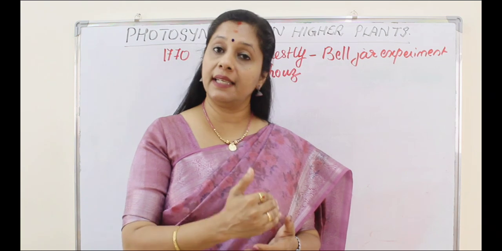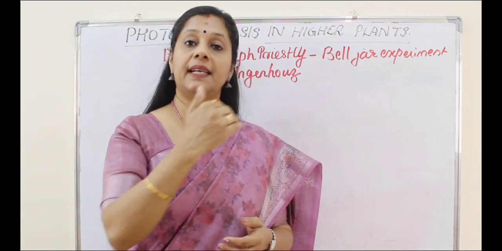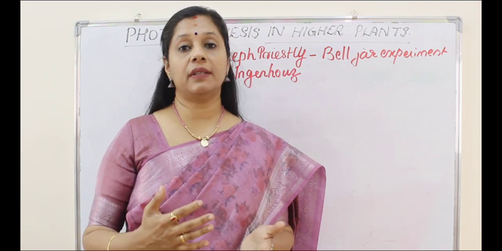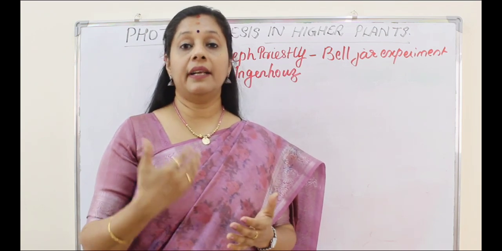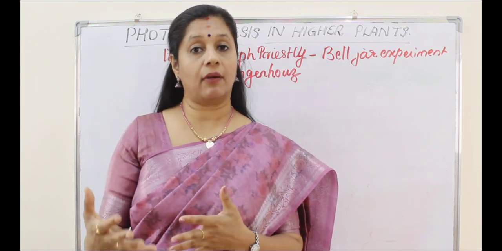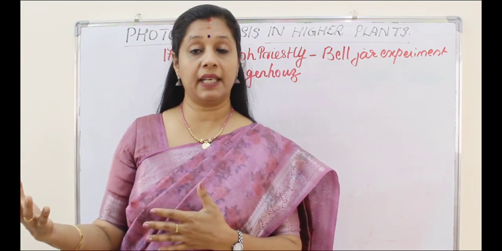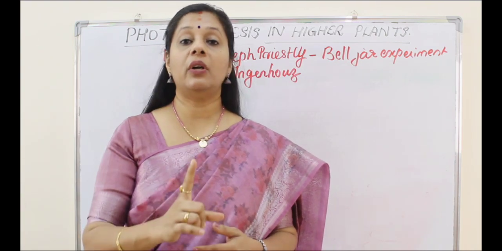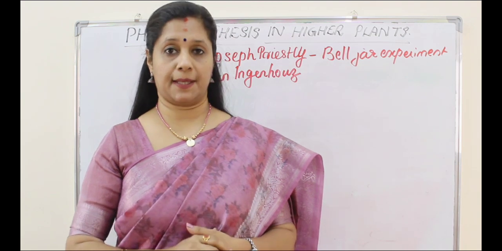He did the same experiment, but in a dark room as well as in light. He found that the green plant can restore the air fouled by the mouse or the burning candle only if sunlight is present.